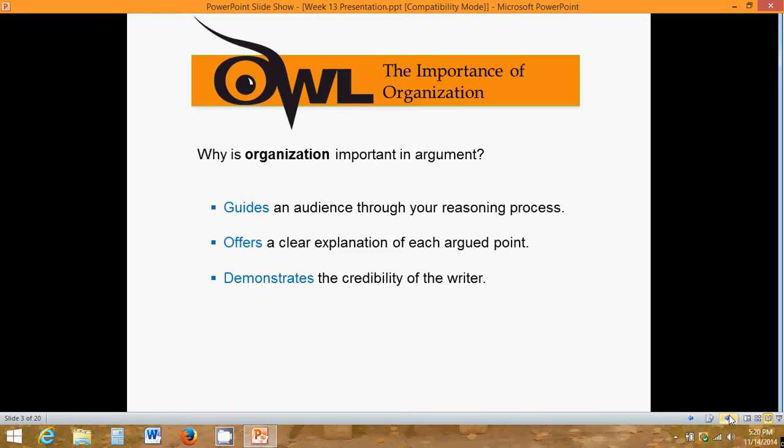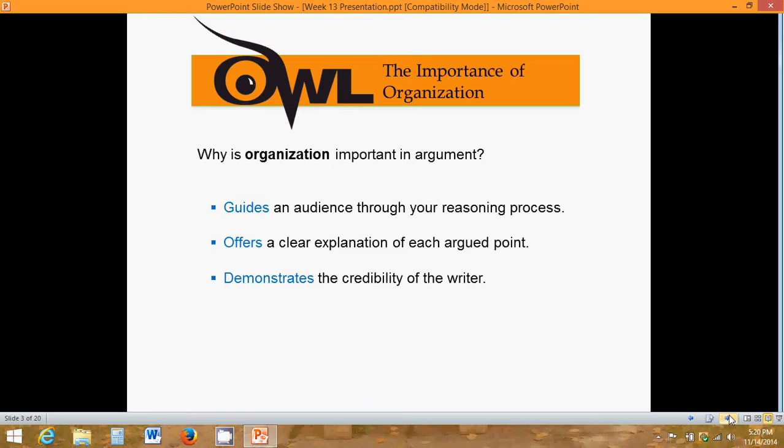So when you organize an argument, I think it's very important to have an organized argument, first of all. Remember, organization guides an audience through your reasoning process. So that offers a clear explanation of each argued point, and it demonstrates the credibility of the writer.